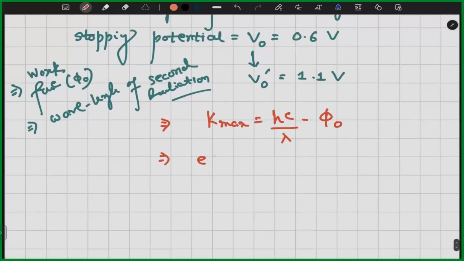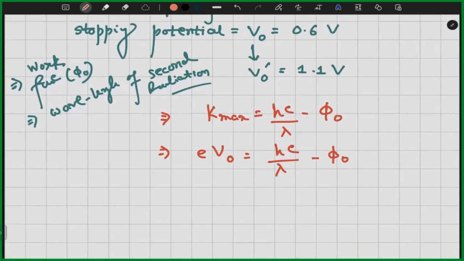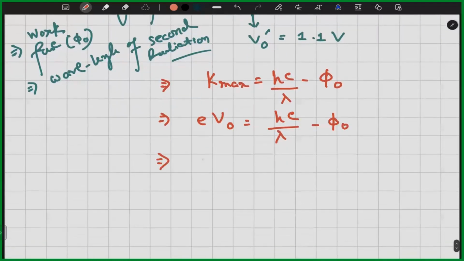So K max means eV naught, hc by lambda minus phi naught. We have to find the work function.